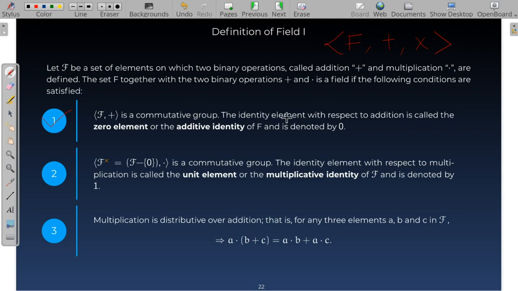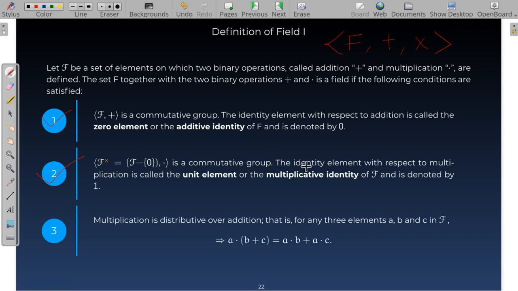Now the identity element with respect to addition is called additive identity and is denoted by 0. It is also called a zero element. The second condition is that the non-zero elements of this set F form a commutative group with respect to multiplication.